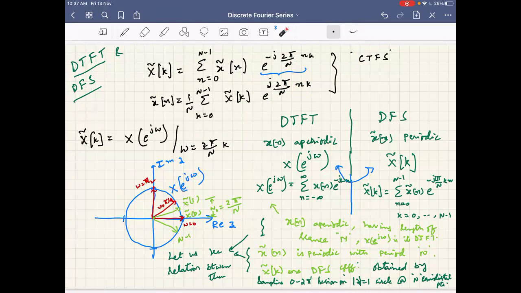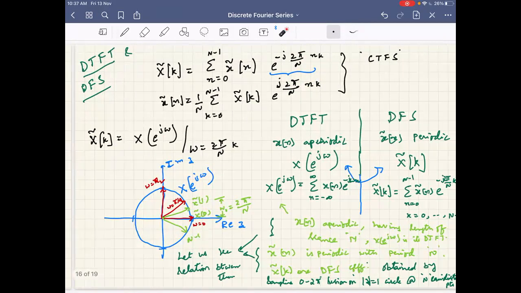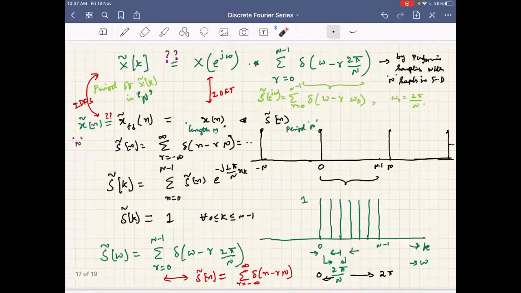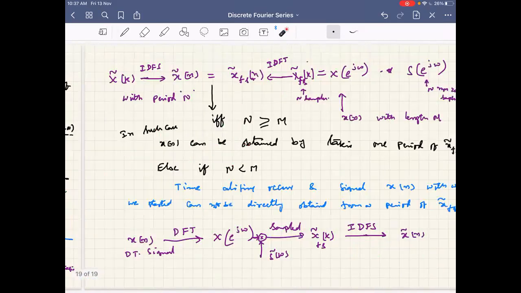Just exactly like the Nyquist sampling theorem, in some sense: in time domain, if you sample with a lesser number of samples, there is an overlap or aliasing of the spectrum in frequency domain. Similarly, if you keep fewer samples here than the sequence length, you will get aliasing, or mixing up of sequences in time domain. There the spectrum gets mixed in frequency domain. Here the sequence gets mixed in time domain.